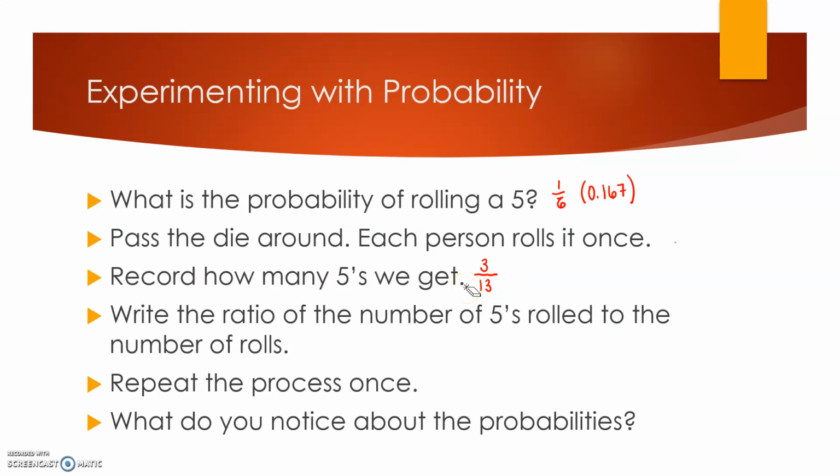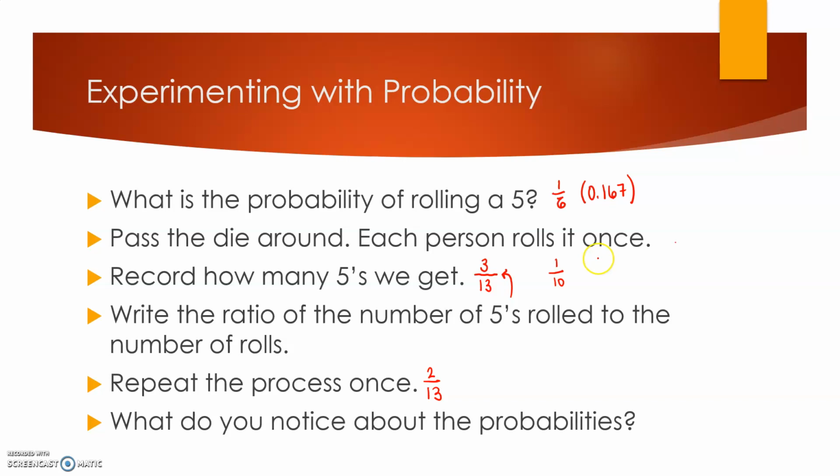We'd write the ratio of 5s rolled to the number of rolls, and that would be this right here. And then repeat the process. Maybe the second time around we only get 2 out of the 13 roll a 5. In class in the past, I think the lowest we had was 1 out of 9. Well, including me, 10. The highest that we had was last year.